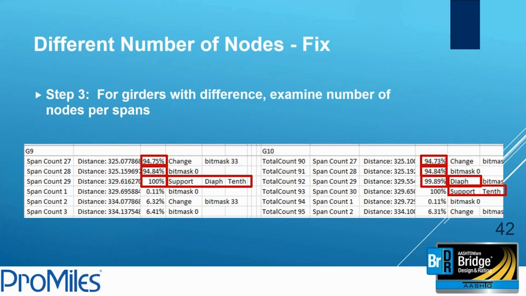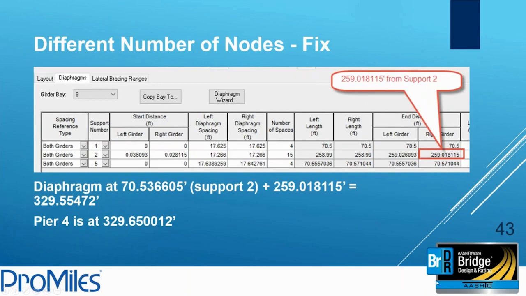To fix this problem, we'll go to the framing plan window, where we see that for the second row, a diaphragm is located at 70.53 feet from the support. Then we have a number of diaphragms defined, like 15 diaphragms, at a right length distance of 258.02 right here, 259.01.